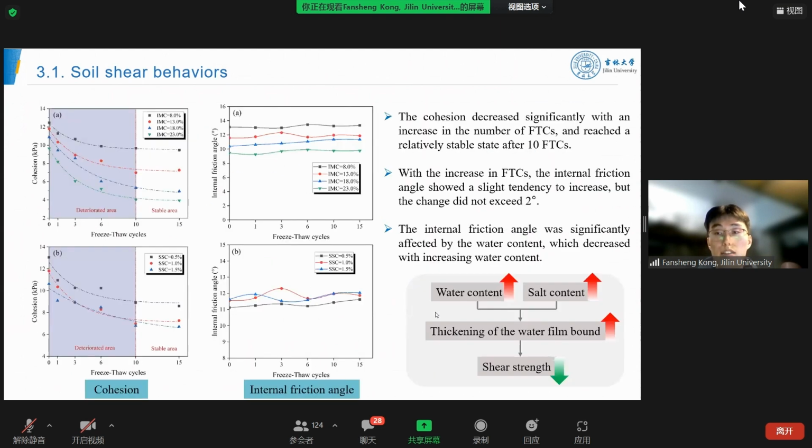The cohesion decreased with an increase in the number of freeze-thaw cycles and reached a relatively stable state after 10 freeze-thaw cycles, while the internal friction angle was less affected by freeze-thaw cycles. This result was due to the increase in water content and the weakening of the water film bond between the particles.